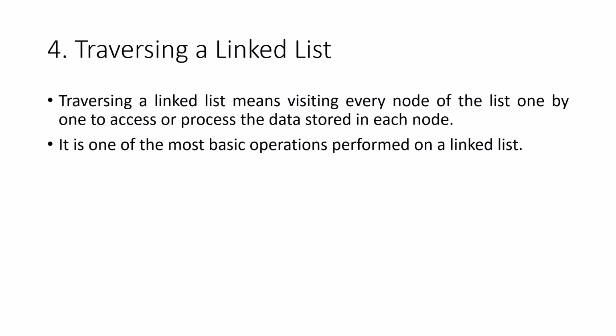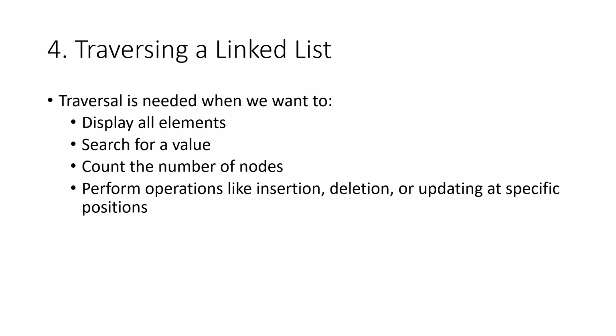Traversing a linked list. Traversing a linked list means visiting every node of the list one by one to access or process the data stored in each node. It is one of the most basic operations performed on a linked list. We perform traversal whenever we need to visit each element one by one.